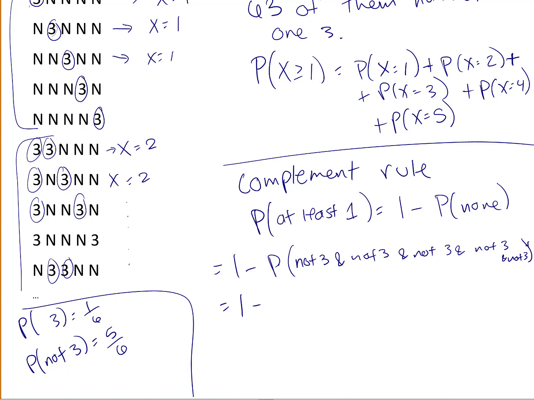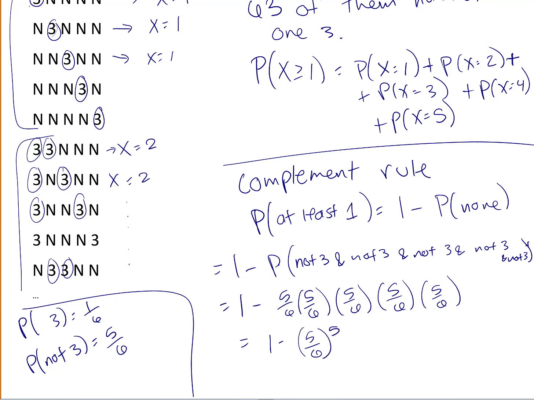So if the probability of not 3 is 5/6, then for the probability of not 3 and not 3 and not 3, we'll do 5/6 times 5/6 times 5/6 times 5/6 times 5/6, or 1 minus (5/6) raised to the 5th power, which equals 0.5981.